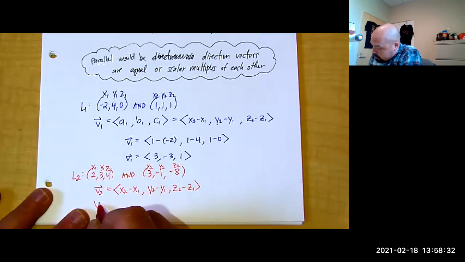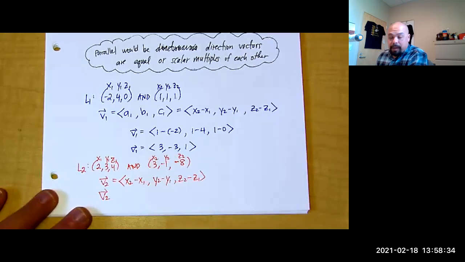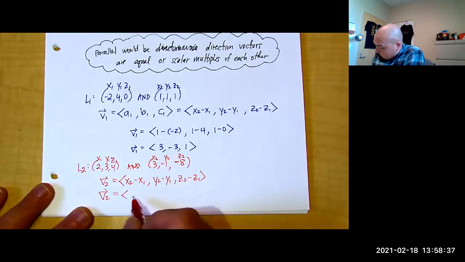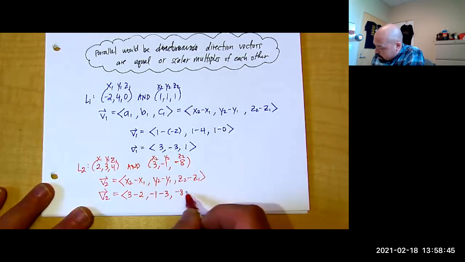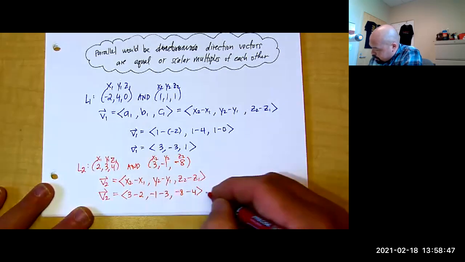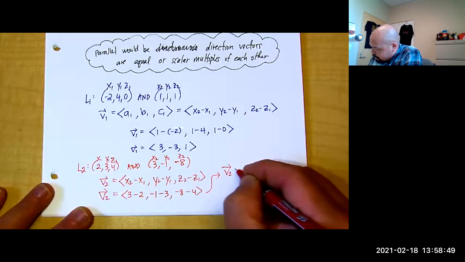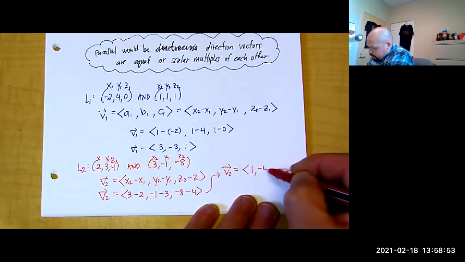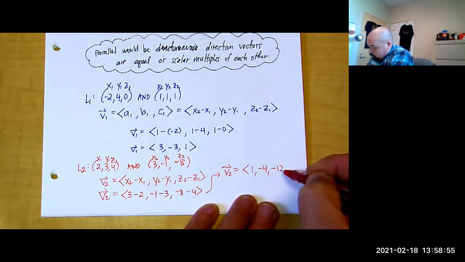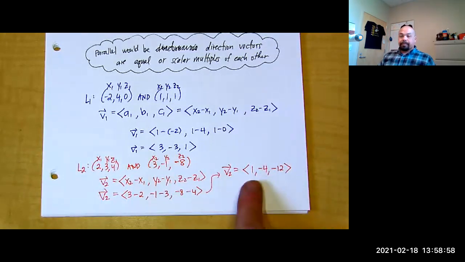I know it's a little redundant, but just to be clear, 3 minus 2, -1 minus 3, -8 minus 4. So my direction vector here is 1, -4, -12. Whew, big one there. Okay.